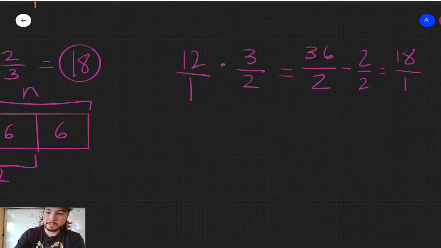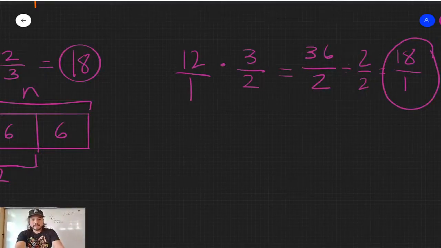And we end up with 18 over 1, or 18. So we get that same answer that we got when we drew our model, I should say.